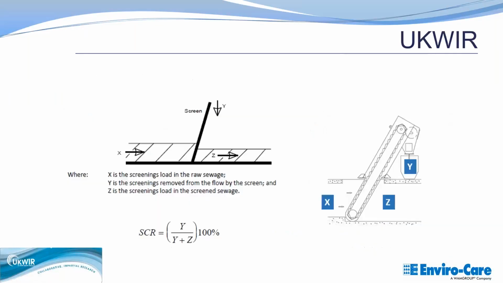The end result of that is a simple ratio equation where you can look at the material caught, Y, over the material missed, Z, and then get an SCR value, a screening's capture rate value, that is a percentage of all the material coming in. So a good screen is going to be a higher percent capture rate than a bad screen. On the low side with the capture rate, you can be at 30% range, but on the high side, you can be 90% or better.